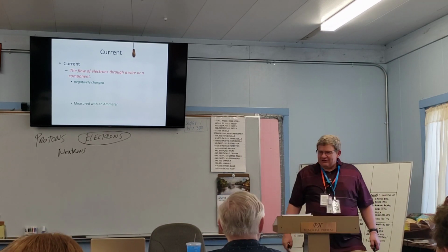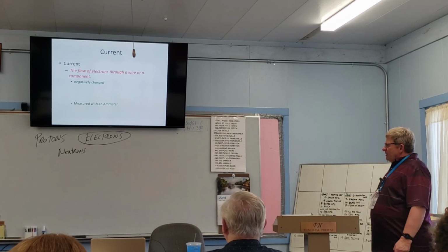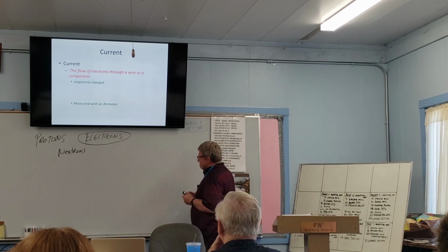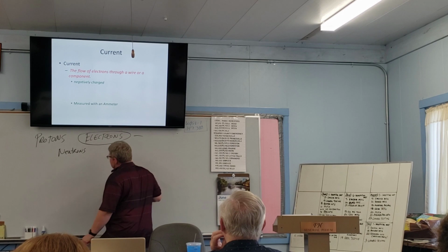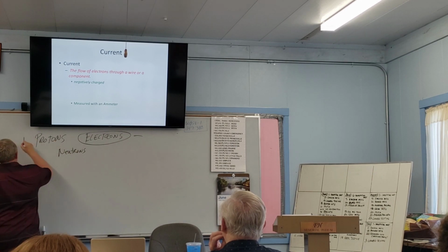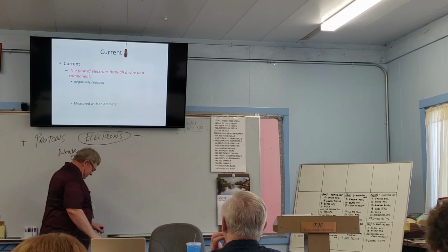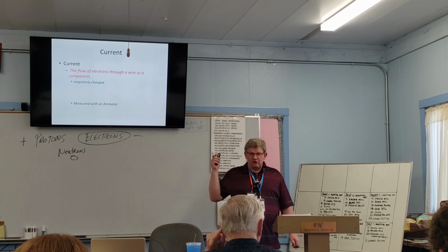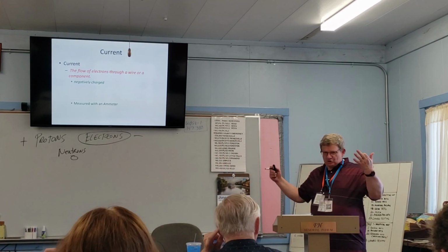Electrons are negatively charged particles, where a proton is a positively charged particle, right? So this is a negatively charged particle. This is a positively charged particle. This one doesn't have a charge. The last one is a neutron that has no charge. It's not positive or negative, it's neutral.